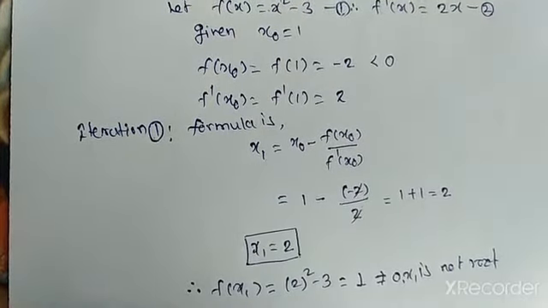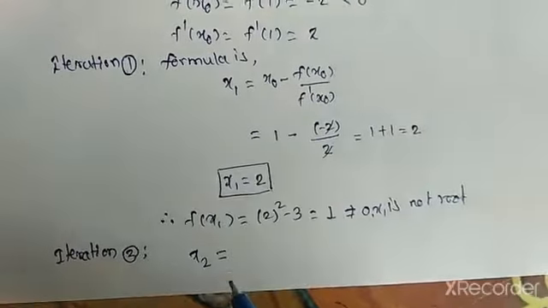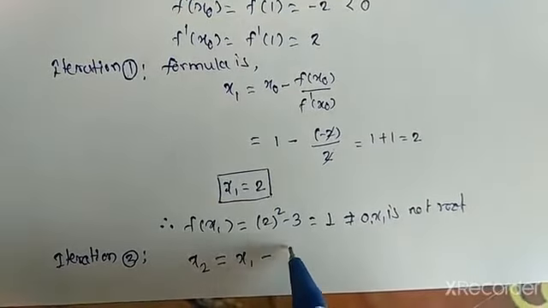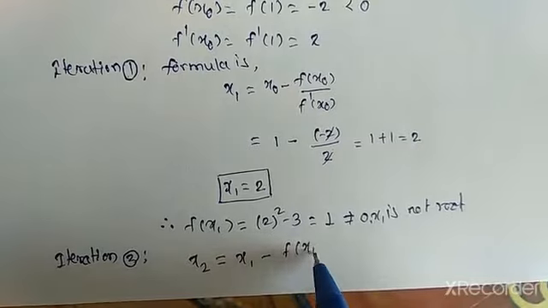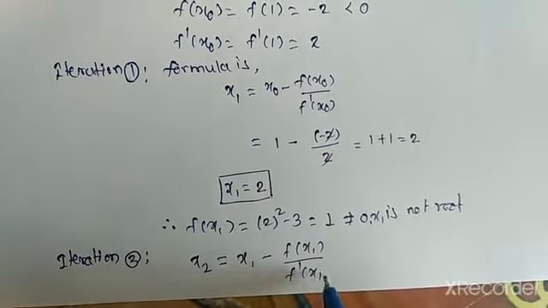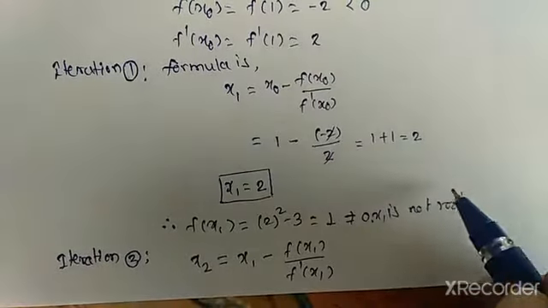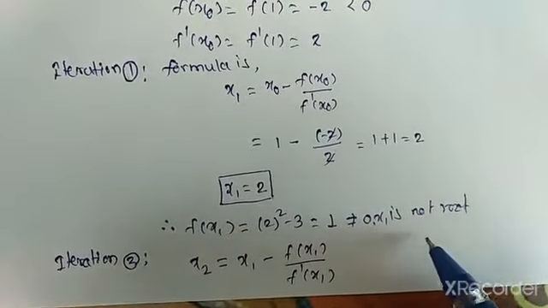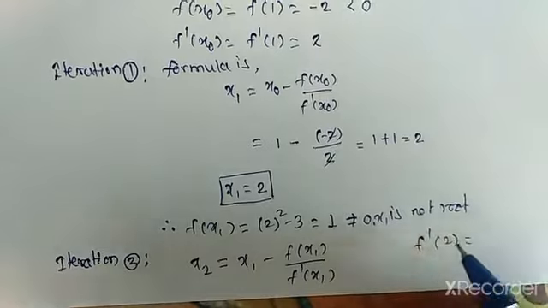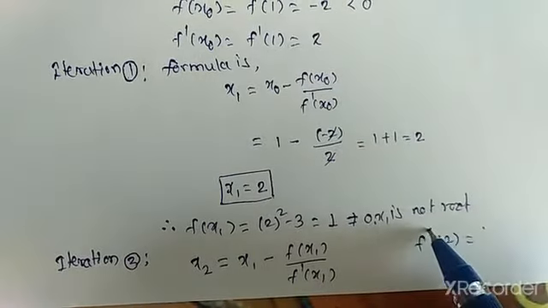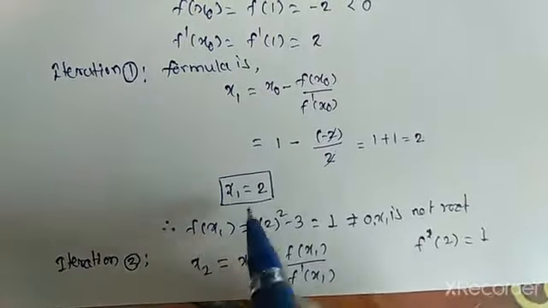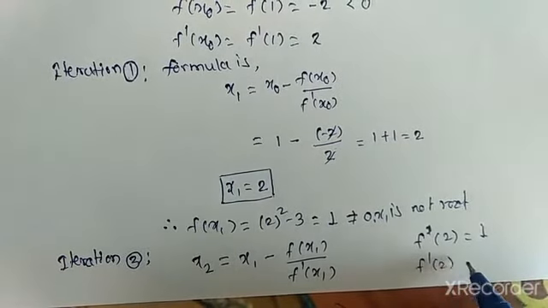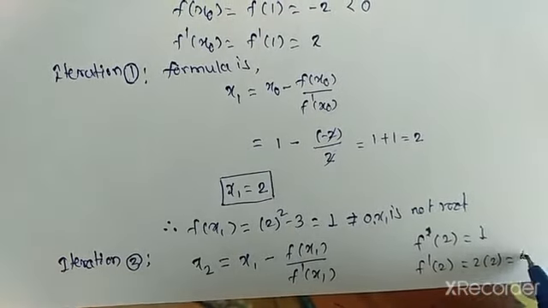For iteration 2, the formula is x2 equal to x1 minus f of x1 divided by f dash of x1. So here, for x1 equal to 2, f of 2 is 1, which we have calculated, and f dash of 2 is equal to 2 into 2, which is equal to 4.